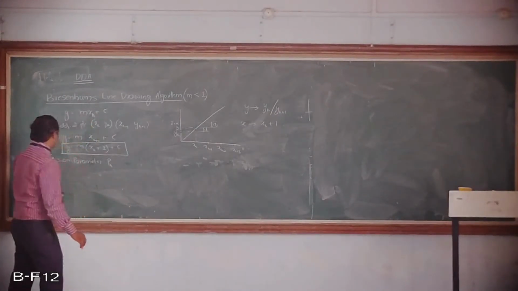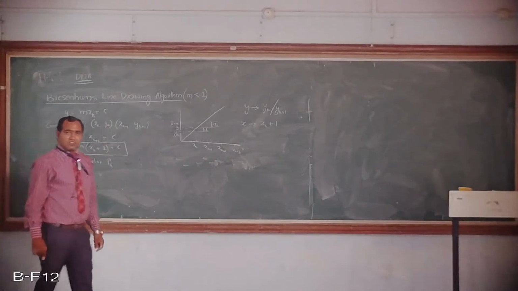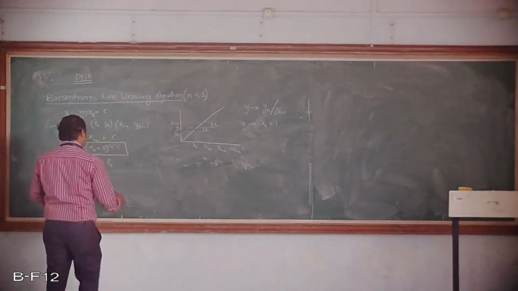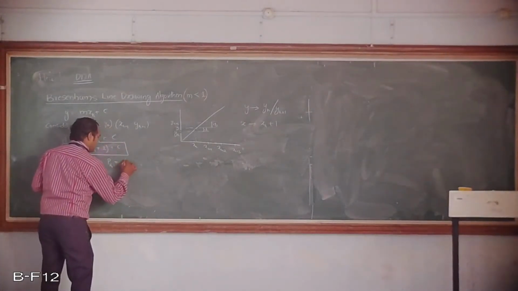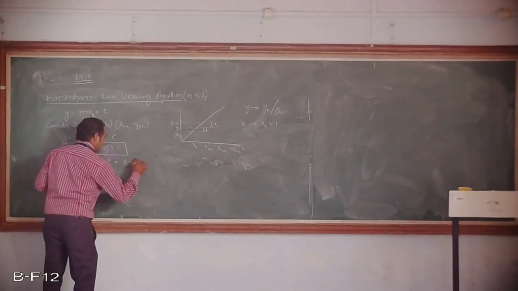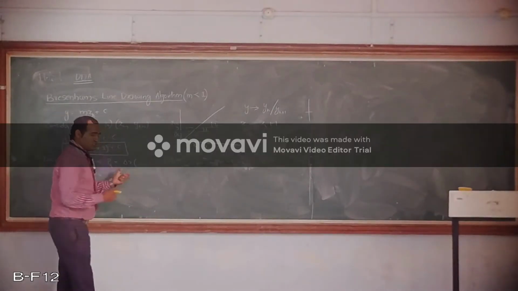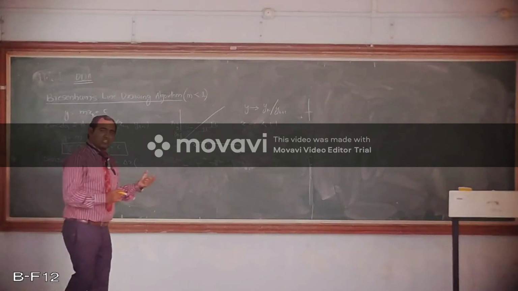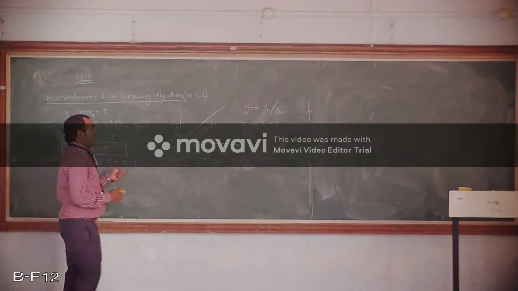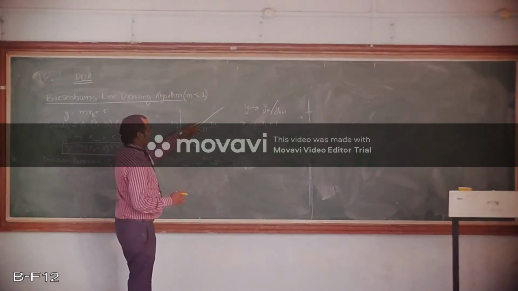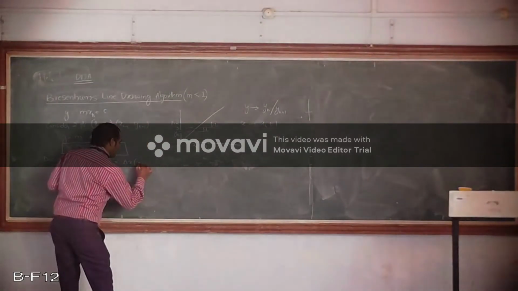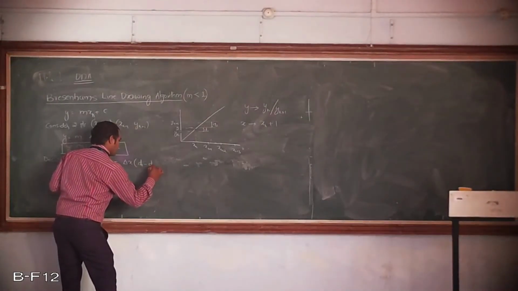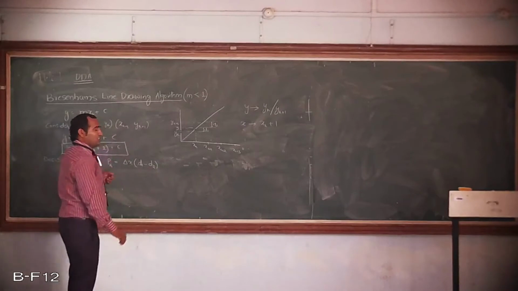Now, how to define this decision parameter? It is defined as delta x, that is the change in x coordinate, into d1 minus d2.